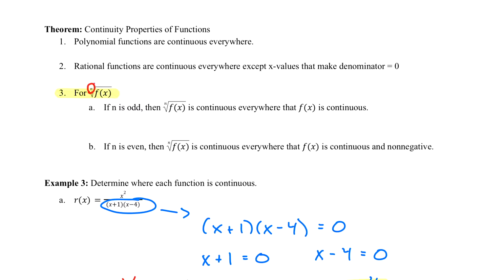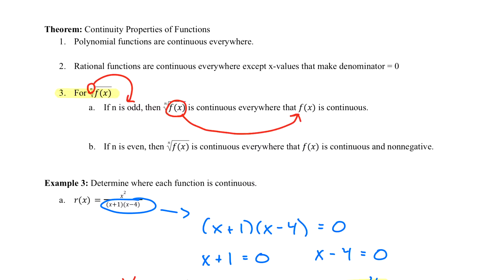So if n is odd, so if we look at the index of our root and we determine that it's odd, then the whole function, the nth root of f of x, is continuous everywhere that f of x is continuous. So what this means is I just need to look at this f of x. The whole function is continuous as long as the inside function f of x is continuous.